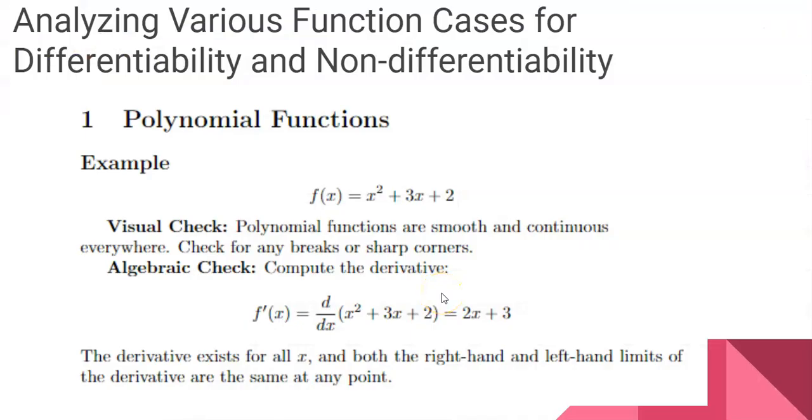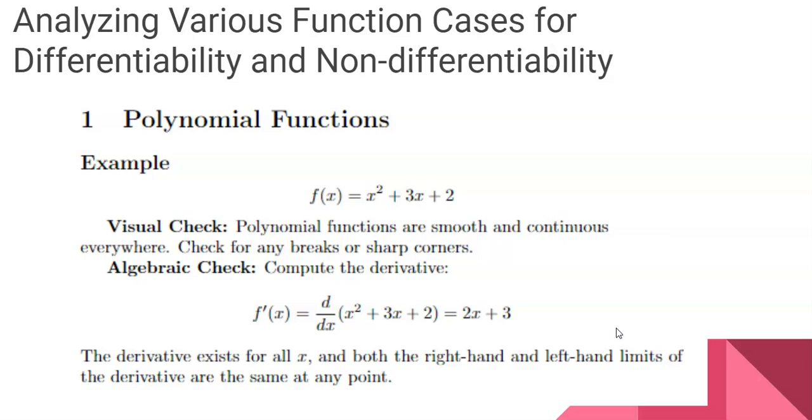What is the implication for the differentiability of a function when the function is continuous at any point on the graph? Again, please note that it does not necessarily follow that if a function is continuous at a point, then it is also differentiable at that point. This is similar to the case of rational functions.